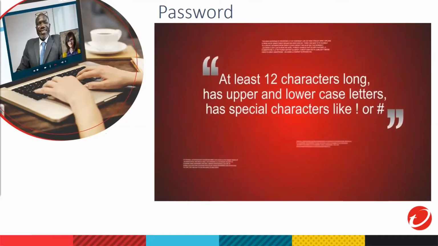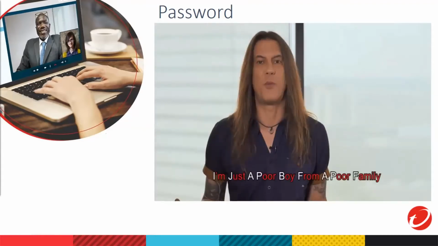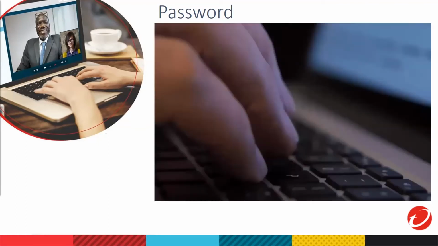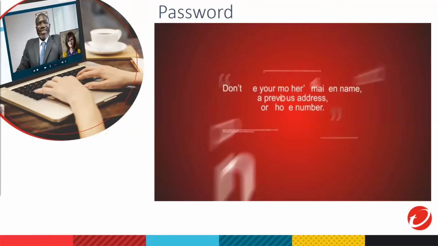Even if the site does not require this, it's always best to be on the safe side. Consider using a phrase or a lyric that's easy to remember as a basis for creating passwords. An example of this could be a song lyric like, I'm just a poor boy from a poor family, or IJA, PBF, APF. When setting up security questions, don't use common information that can be searched for online, like your mother's maiden name, a previous address, or a phone number.